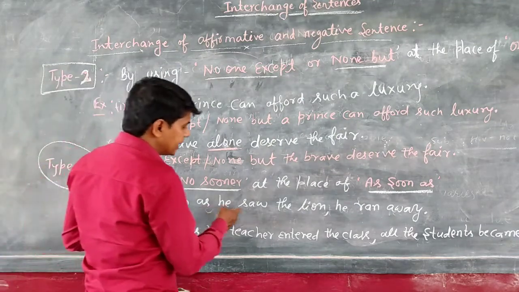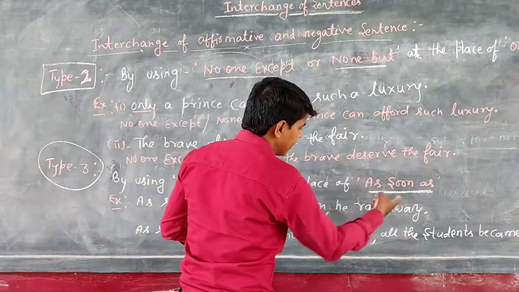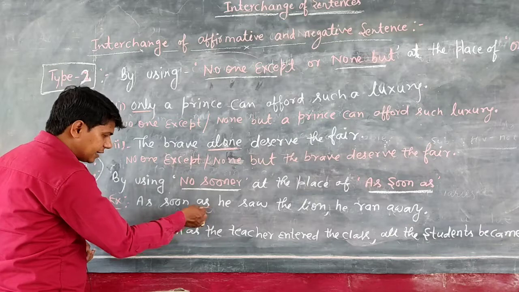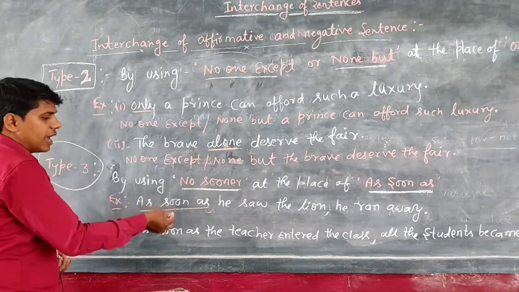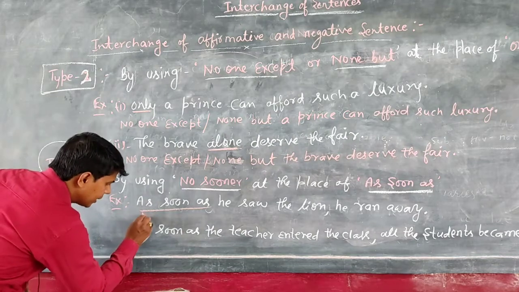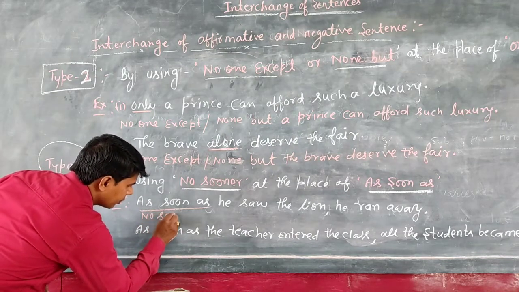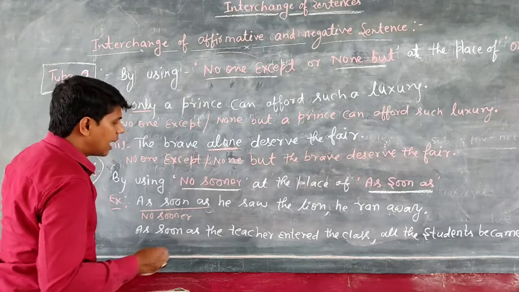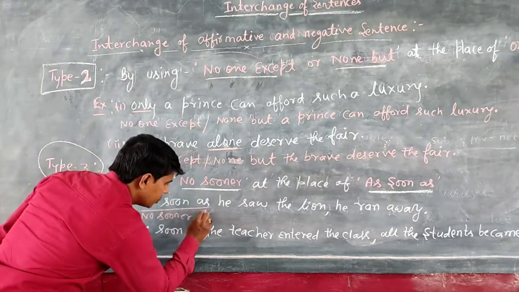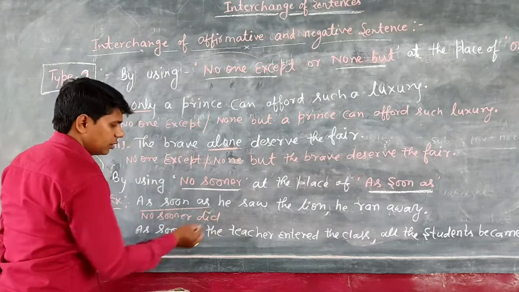As soon as he saw the lion, he ran away. So students, you can see the sentence is starting with the words as soon as. So when you change into negative, what will you write first? No sooner. And according to the tense, this is simple past tense, so we will use the helping verb did. Okay?